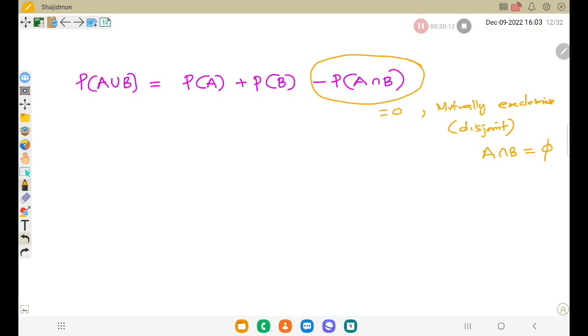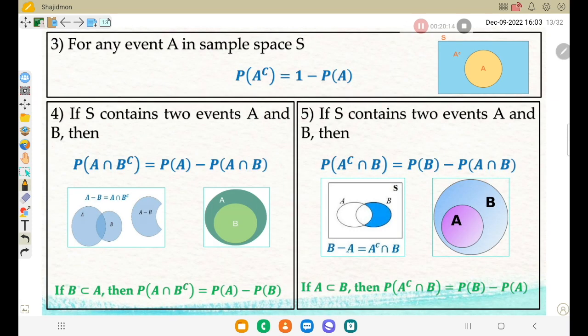Now when we are coming to the next one, for any event A in a sample space S, probability of A complement. You can see the yellow color portion, this yellow color portion is the event A. A complement means this blue color portion, that means not in A, other than A, that is A complement.